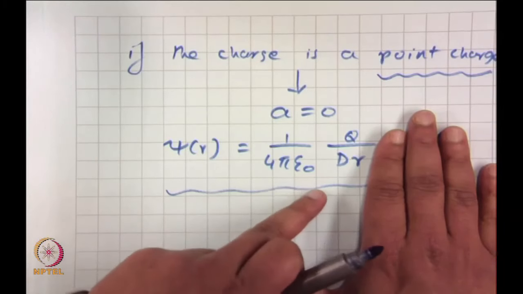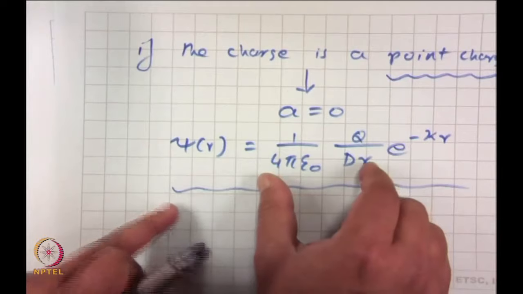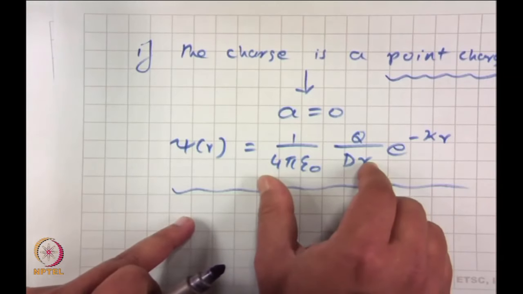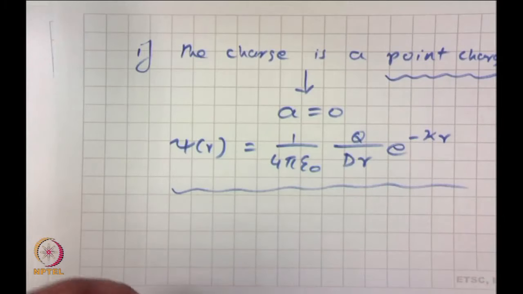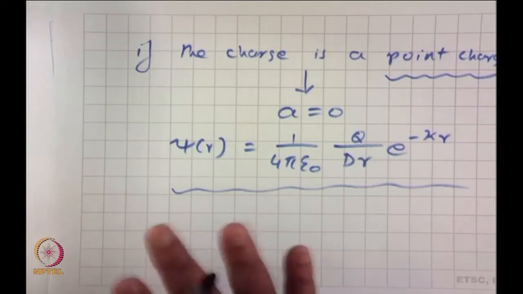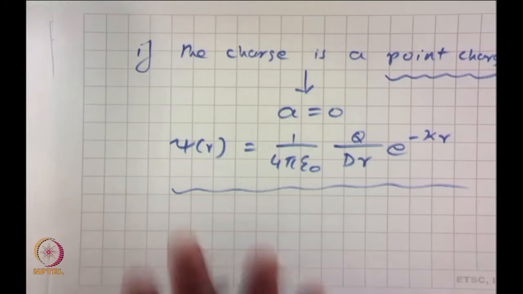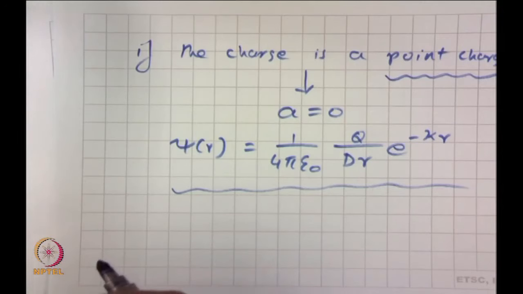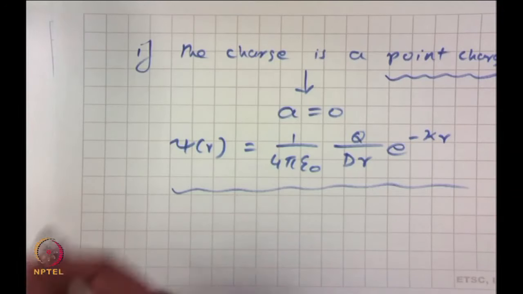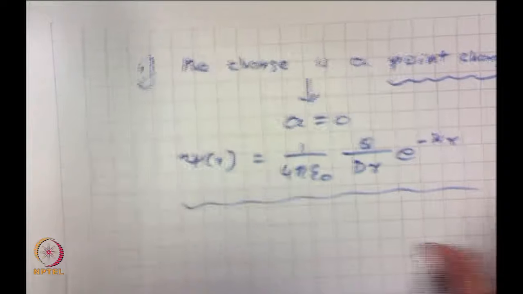So along with the Coulombic potential, what you are adding is an exponential variation of the charge in the radial direction, depending upon kappa. So this is what you really need to remember, I mean, definitely the derivations and the concepts behind these derivations, or what you get from the final equation.